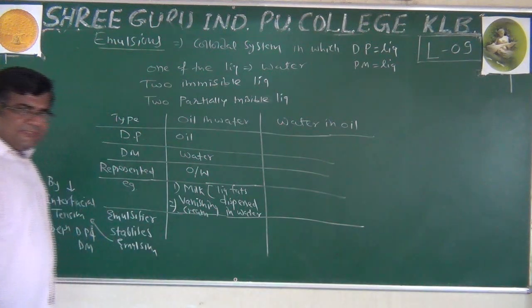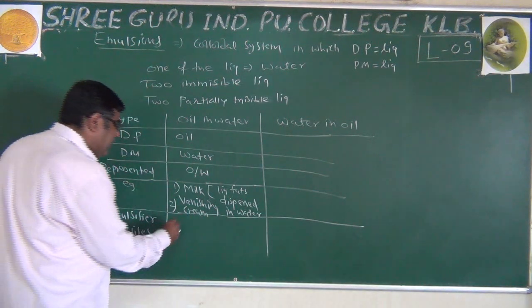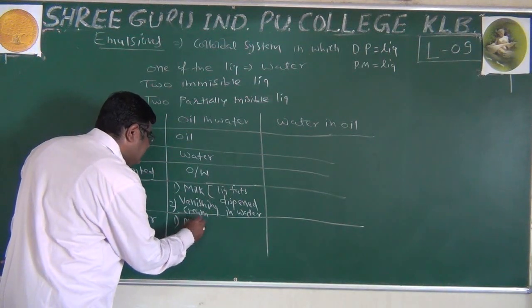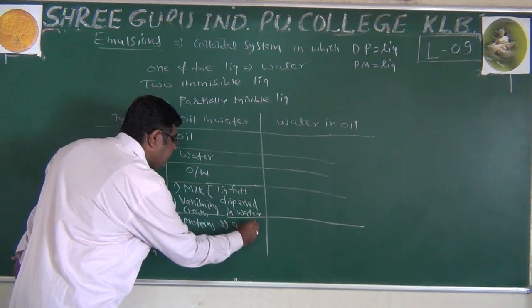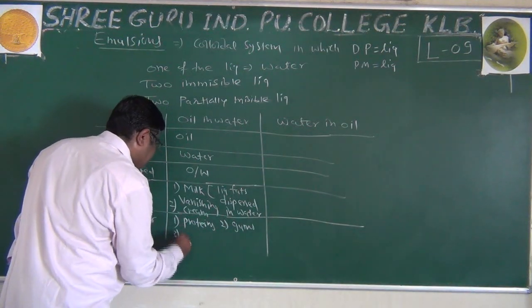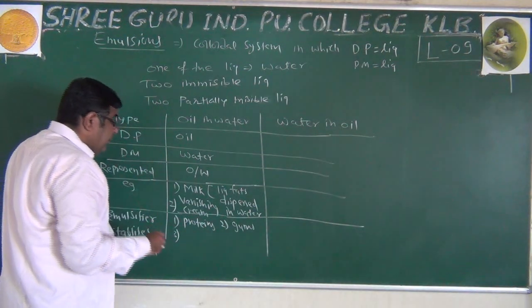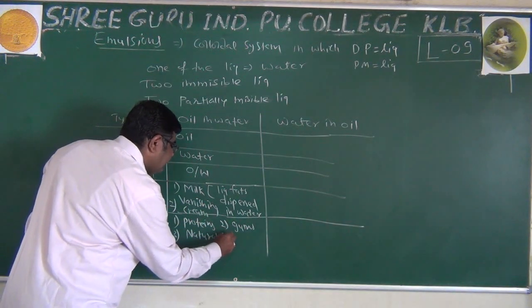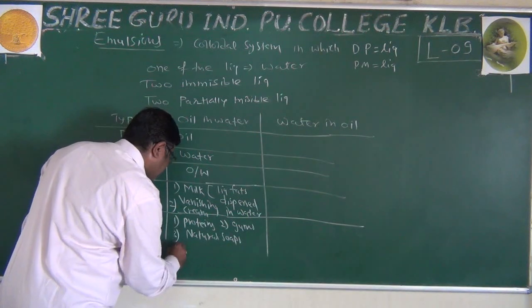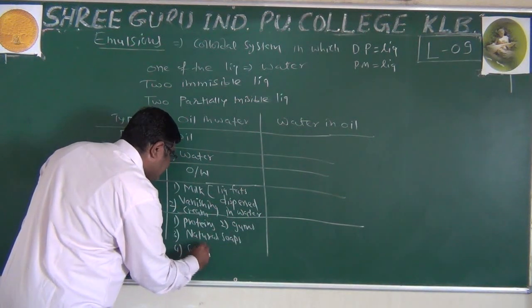The emulsifiers which stabilize this emulsion are proteins, gums, natural soaps and synthetic soaps.